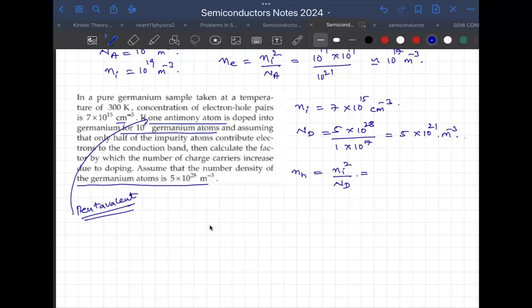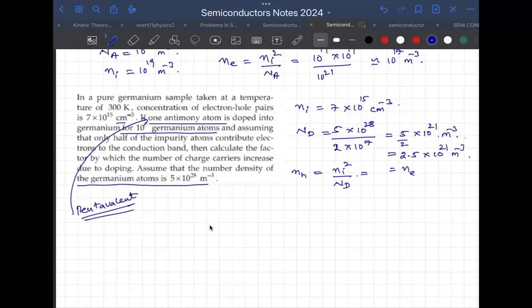So you should not take this. Again, you should do by 2 also, again by 2. 2.5 into 10 to the power of 21 per meter cube. And all this is nothing but the number of electrons per unit volume.